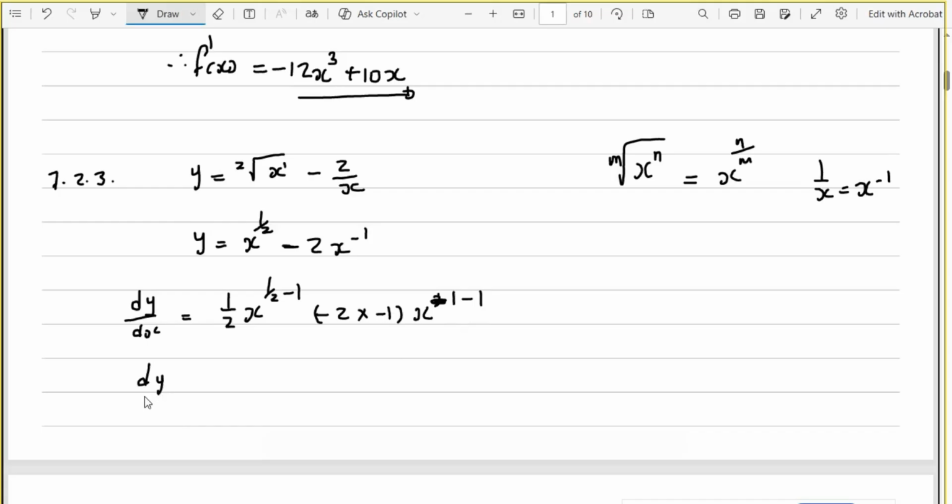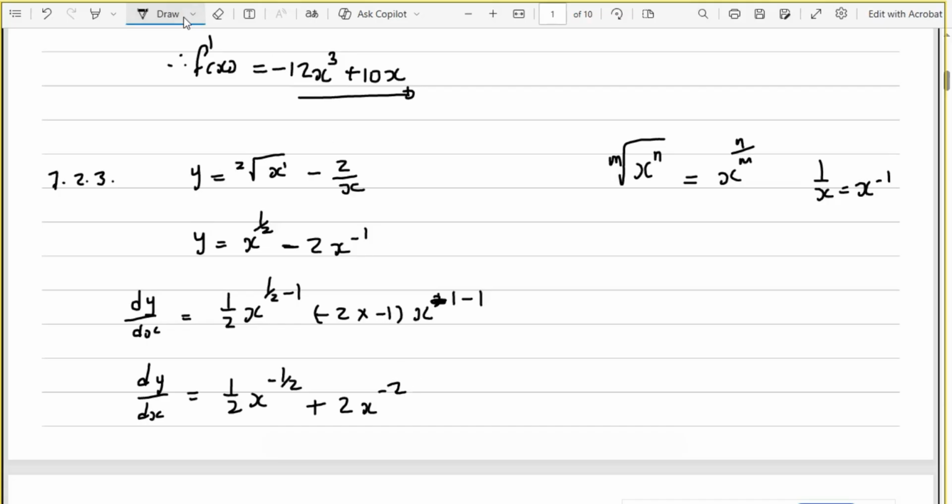Therefore, when we work this out, what is dy over dx? This is just 1 over 2. X to the power 1 over 2 minus 1 is just minus 1 over 2, right? Yes. Then we're going to add 2, x to the power negative 2.